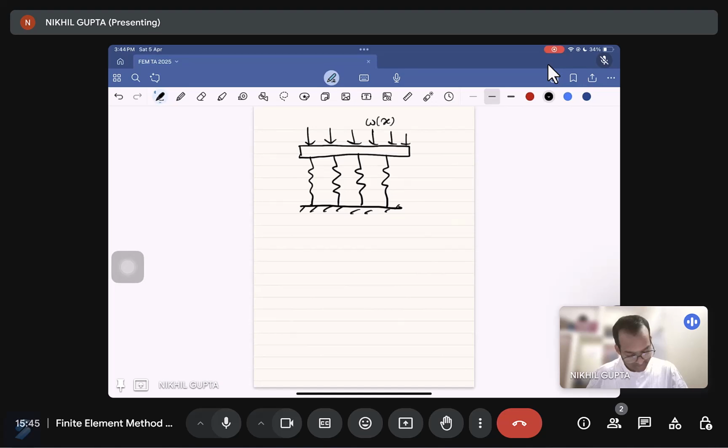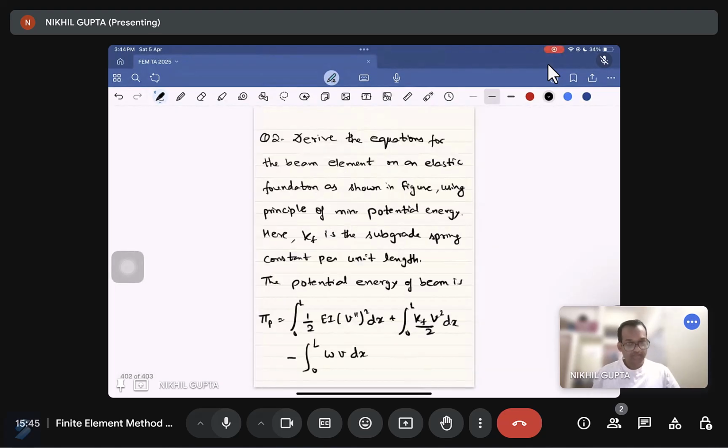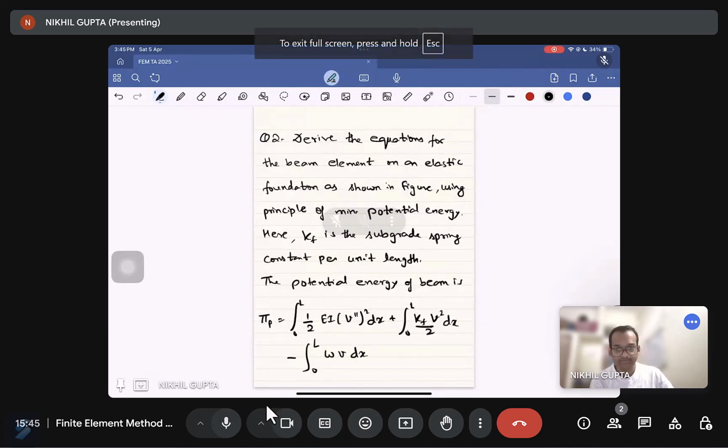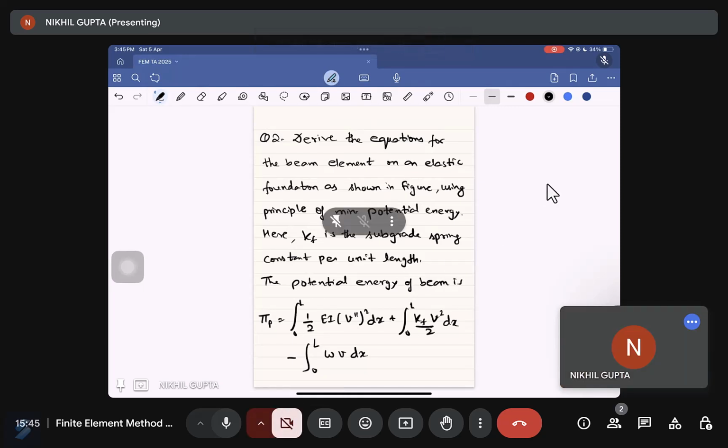This is moving at x, and this is Kf. So I'll give you 2 minutes to read the question, then we'll start the question. Just read the question once, then we can start.